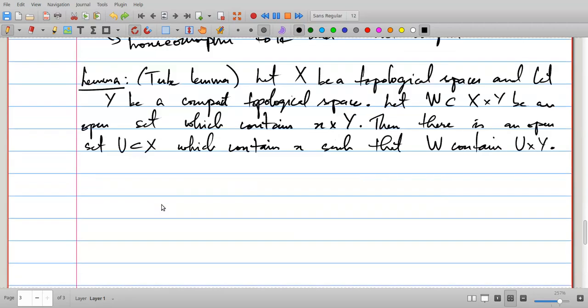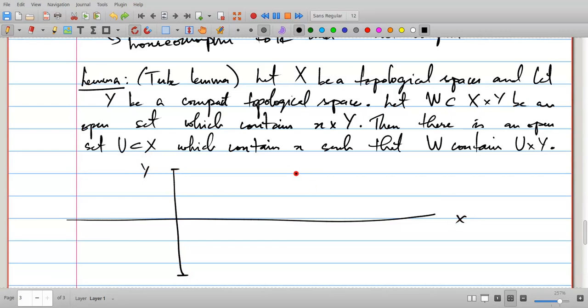So the picture is something like this. This is Y, let's say this is compact. This is {x} cross Y, and W is some open set.